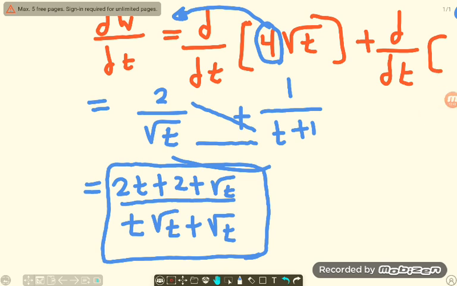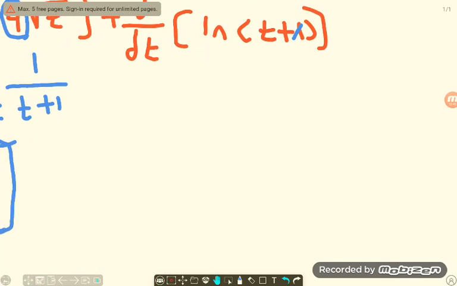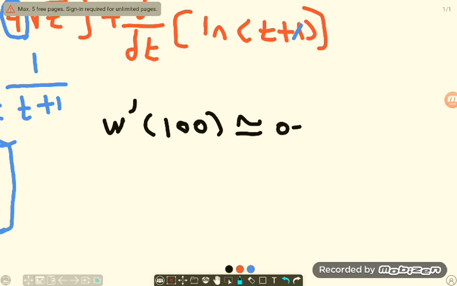If you approximately solve it, w prime of 100, you're going to get approximately 0.20999, which is, let's say, 0.21, and we said the units are centimeters per second.